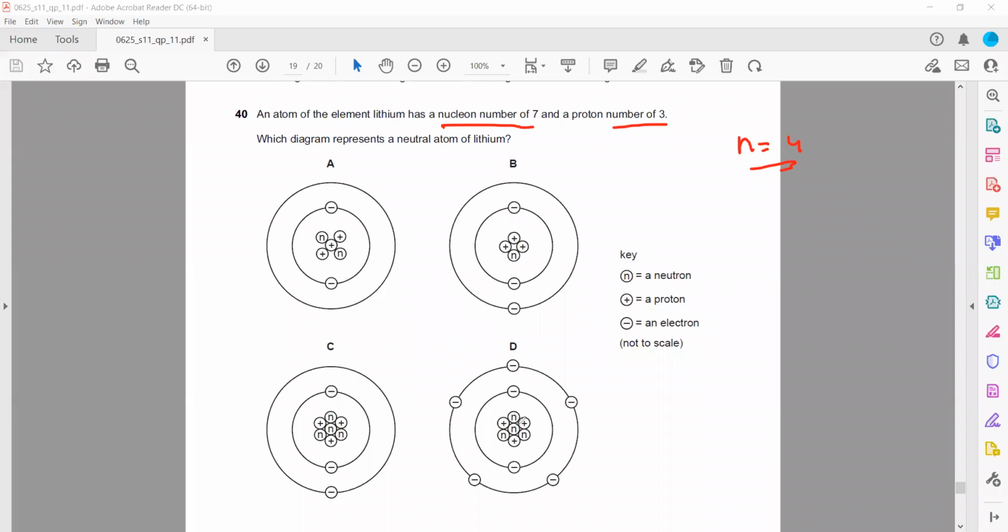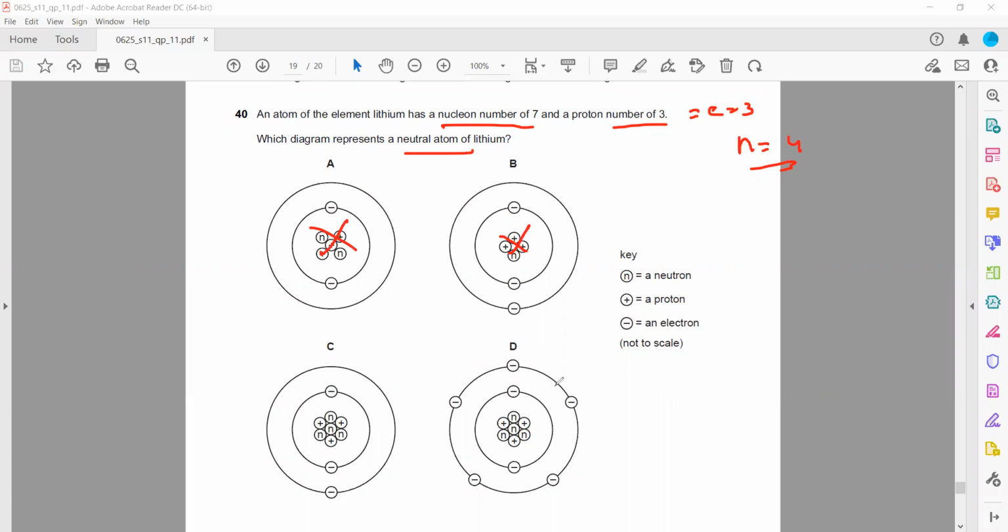So which atom contains 4 neutrons? 1, 2, 3, 4, this one, and 1, 2, 3, 4, this one. Both are 4. And because they're talking about a neutral atom, the number of protons should equal the number of electrons. So here it contains more electrons. This is totally wrong because the neutron number is not correct.